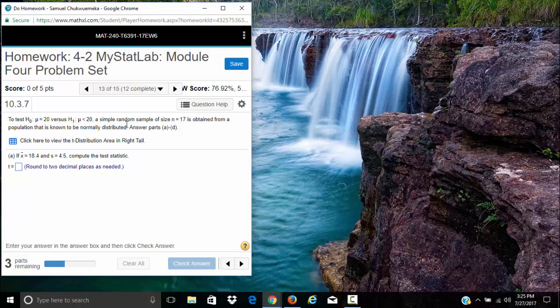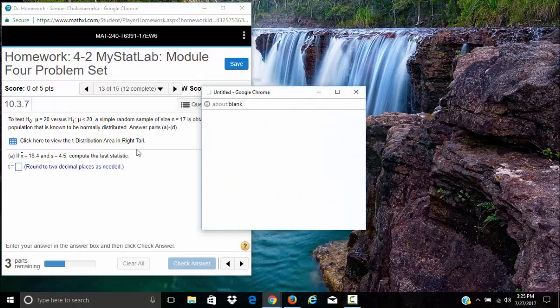So you look at this, a simple random sample of size n equal to 17 is obtained from a population that is known to be normally distributed. Okay, we want to find a test statistic. So this is a left-tailed test. As you can see, this is a one-tailed, left-tailed test. So open up StatCrunch.